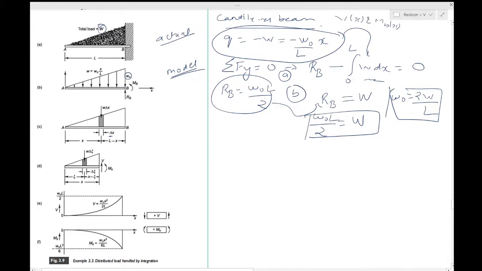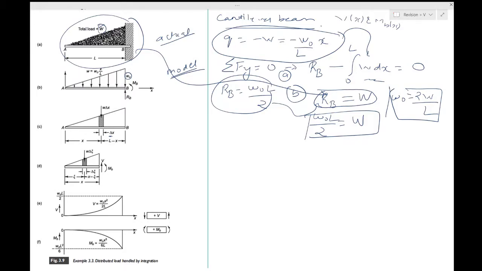So this is essentially the figure which we have written over here. The total weight balance is what we have done. Once this is done, you want to find the bending moment at the edge B. Again, as straightforward as it can be, you have to make a hypothetical cut.